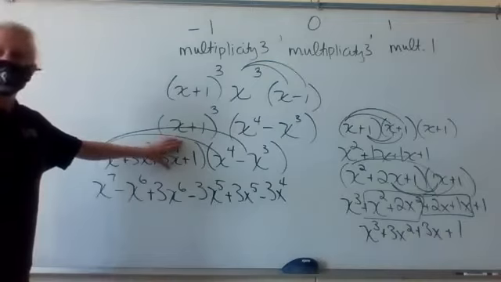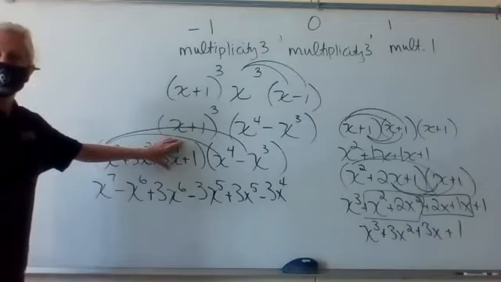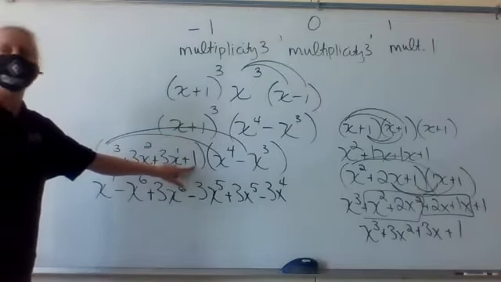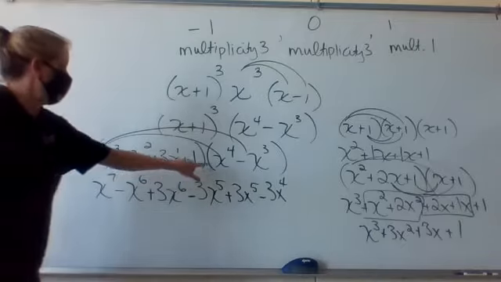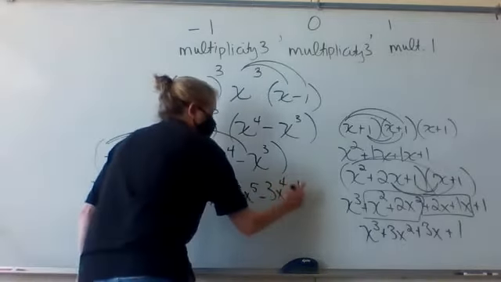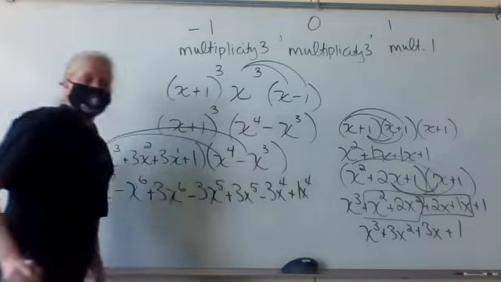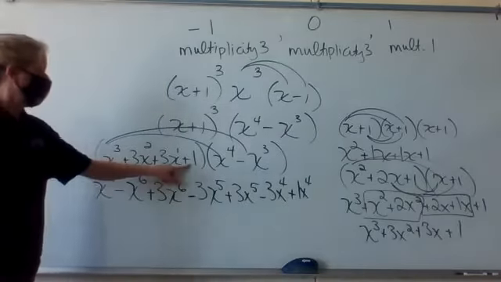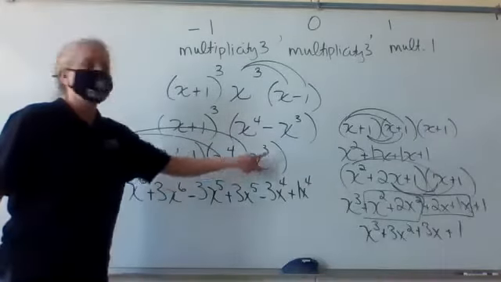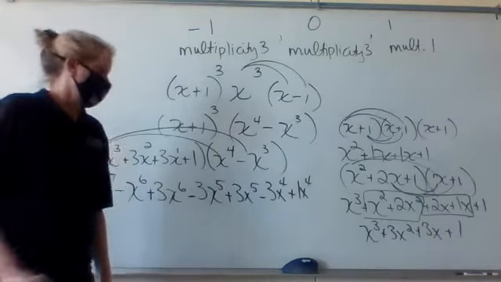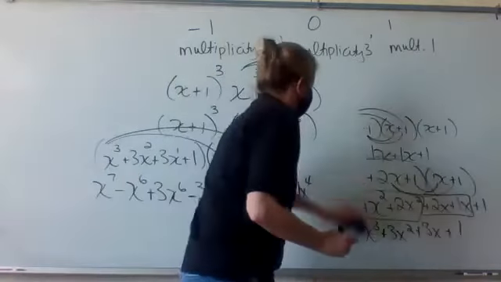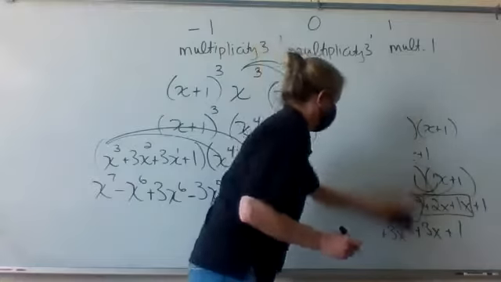So I'm done with the 3x. All I have left to distribute is the 1. So 1 times x to the 4th is positive 1 x to the 4th. 1 times negative x to the 3rd, so just minus x to the 3rd.